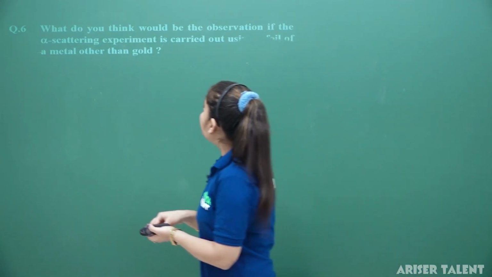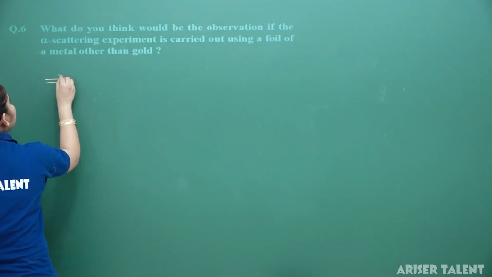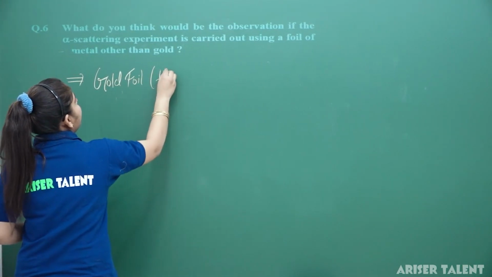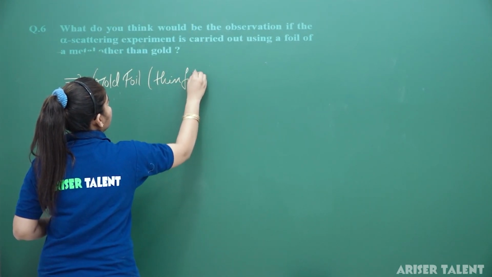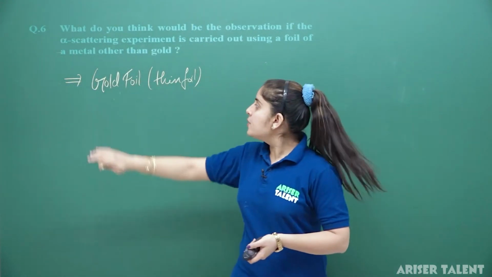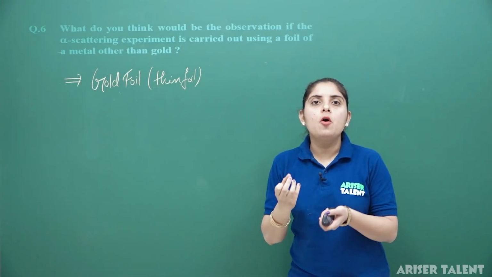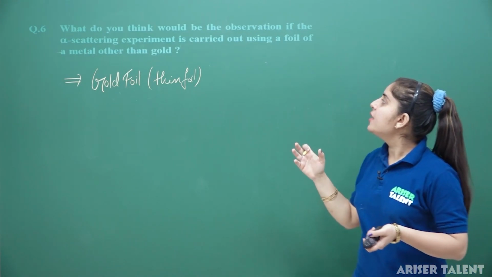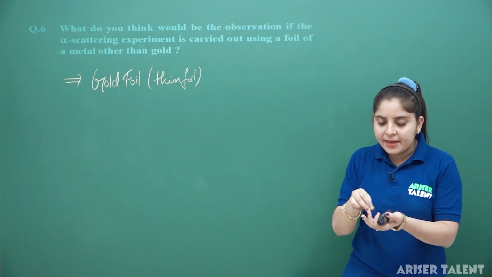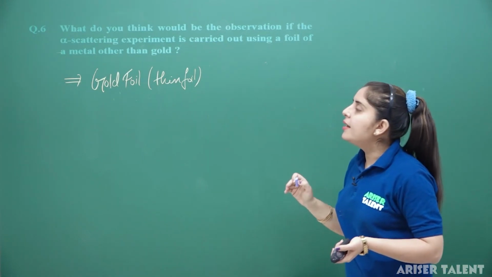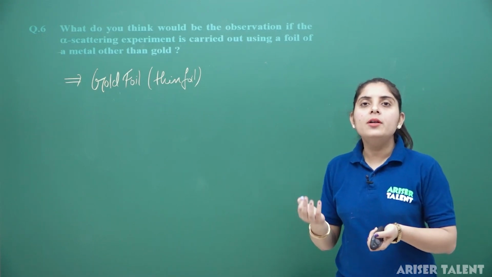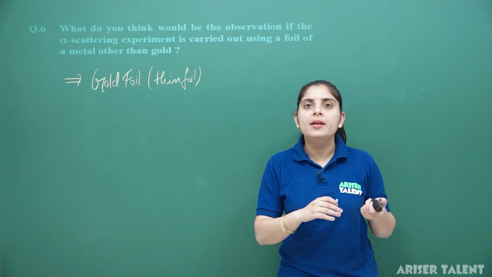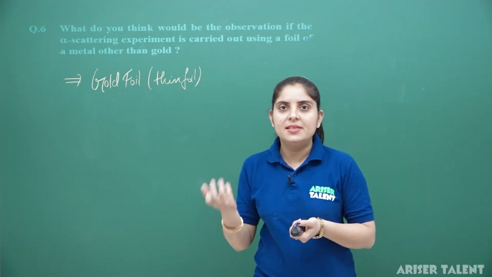We know that in Rutherford's experiment, he used gold foil, a thin foil of a very small thickness, of the order of 10 raised to the power minus 10 meters. If it is carried out using a foil other than gold, the observations would not be the same as he observed in the experiment. So the experimental calculations will be disturbed.